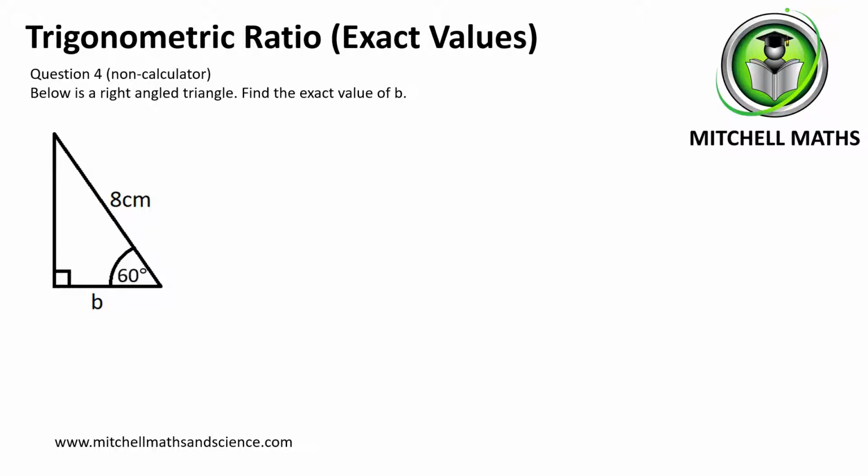And for our final question, we're going to have a look at what happens when we put this into a triangle. So below is a right angled triangle and it wants us to find the exact value of b. I'm going to label the triangle like I would normally do: opposite, adjacent, hypotenuse.